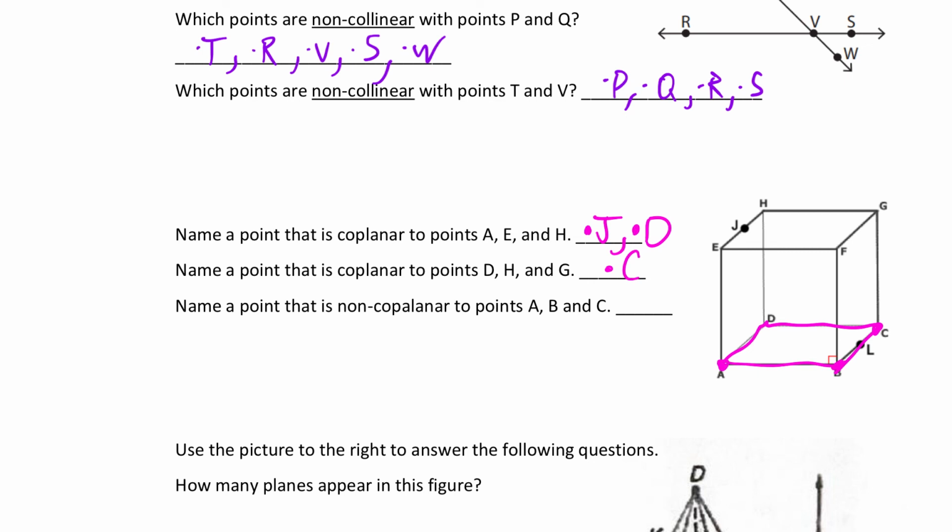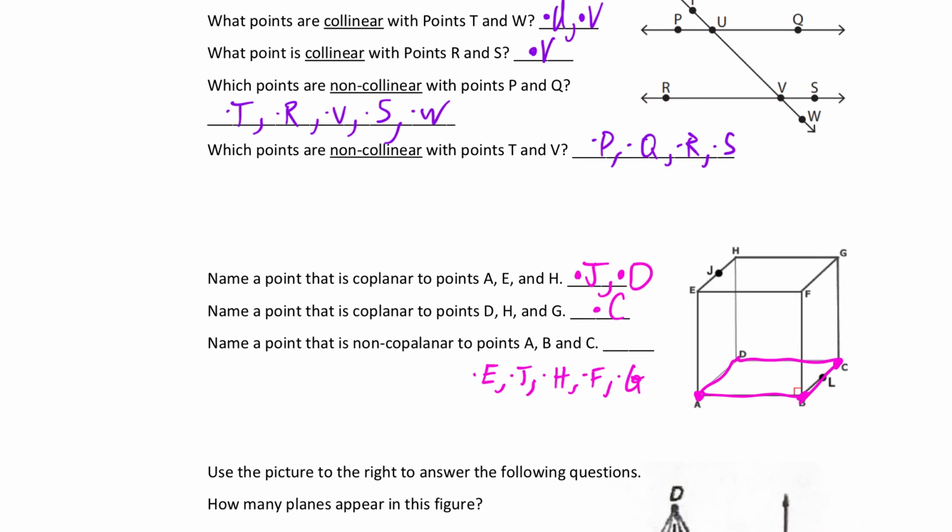There are actually several. Which ones are non-coplanar to those points? E, J, H, F, and G. All right, and that is what we're going to do.